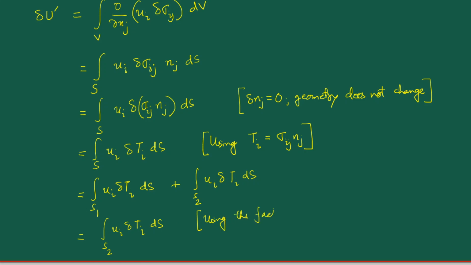So using the fact that since Ti is specified over S1, delta Ti is equal to 0 over S1.